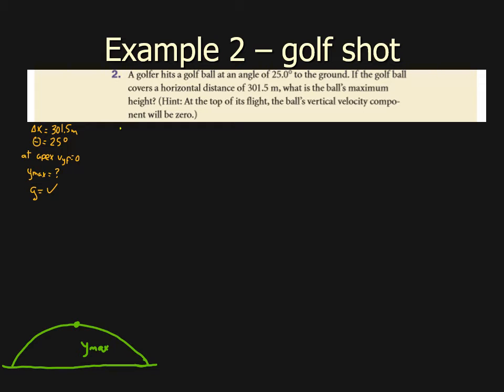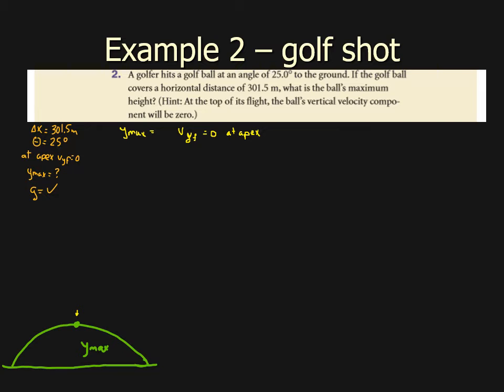At y max, we know that the final y velocity at y max, not as it hits the ground, is going to be 0, and this is at the apex or the peak of the motion. So right down here at this point.